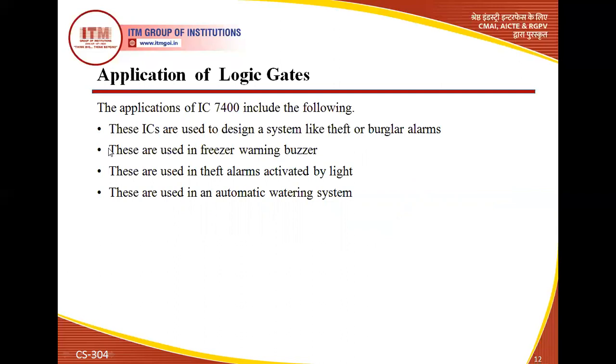This is a short project, and the student has to design it in the laboratory or at home, making home applications like a freezer warning buzzer, a theft alarm, which is useful for security purposes, an automatic watering system to check the water level in a tank, and a burglar alarm. So these are home appliance applications, and the student has to design small projects on the IC 7400, that means for the NAND gate.